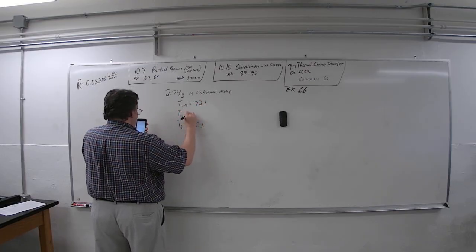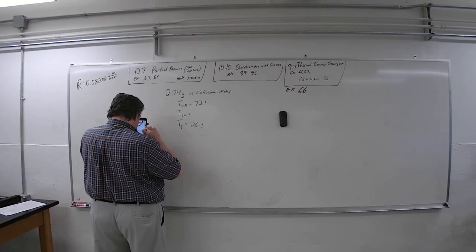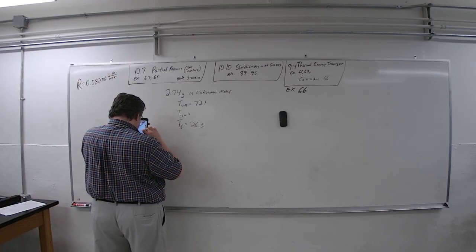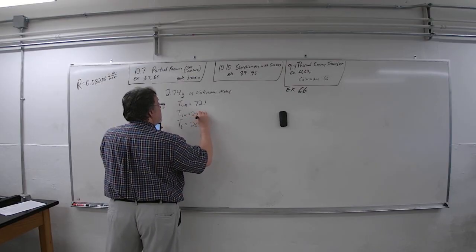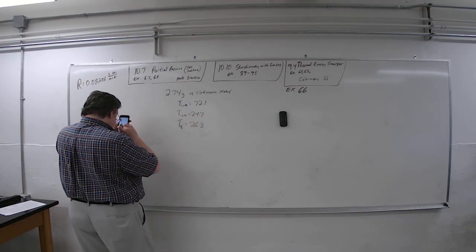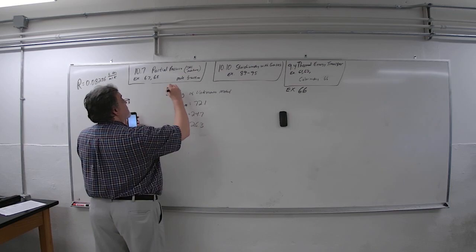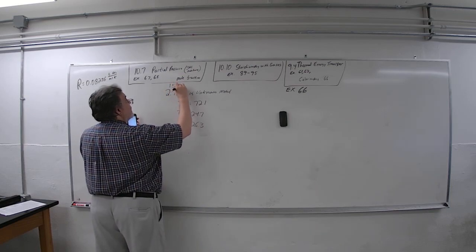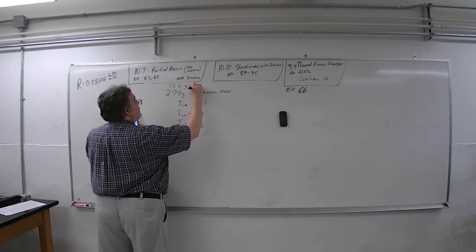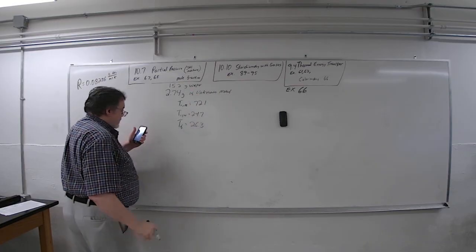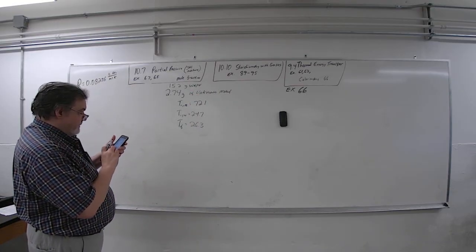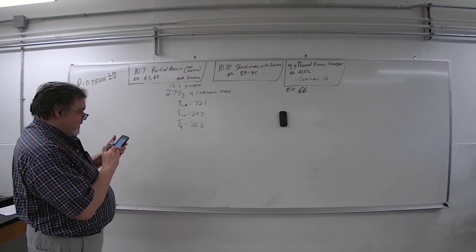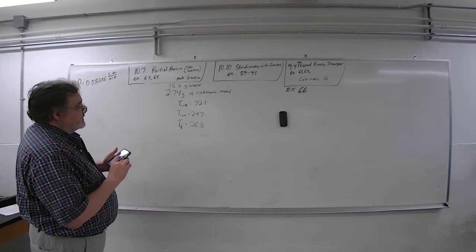Temperature initial of the water is 24.7. And then the water is 15.2 grams of water. What is the heat capacity of the unknown substance?